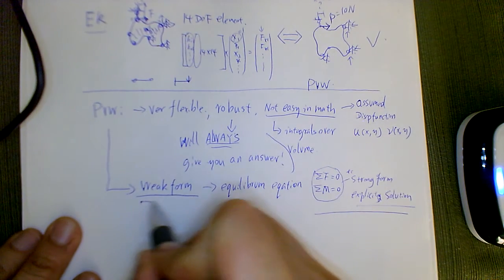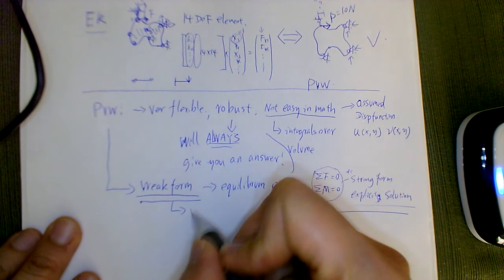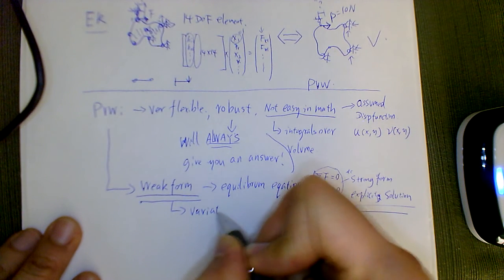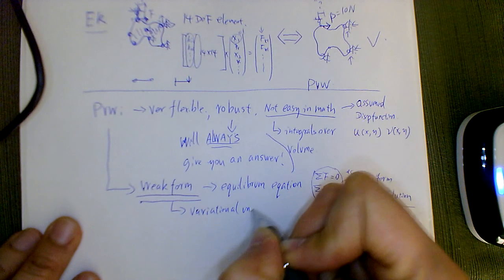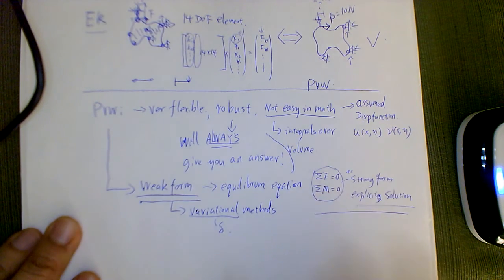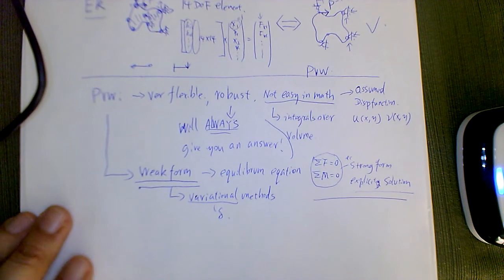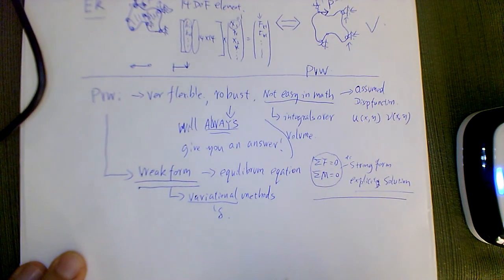So that's why it's called a weak form. Sometimes it's also called variational methods. That's variational, meaning our little delta, which is actually taking a variation of the displacement function.